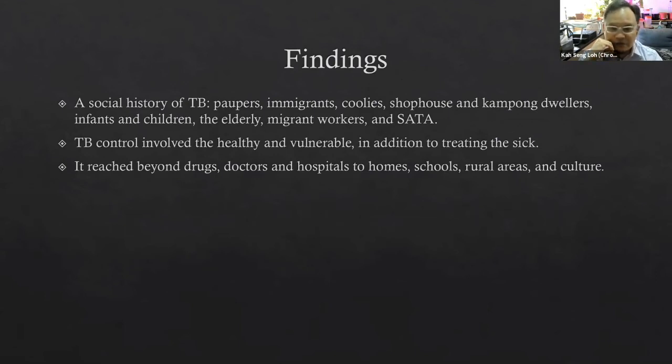Although the antibiotics were very effective, it's not just about the doctors' efforts or the medical establishment or hospitals, but it's also a disease that happened and was controlled in the homes, schools, rural areas, and even in culture. So there's a cultural aspect, like with publicity and exhibitions, in anti-TB efforts.